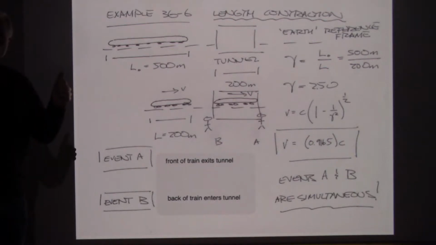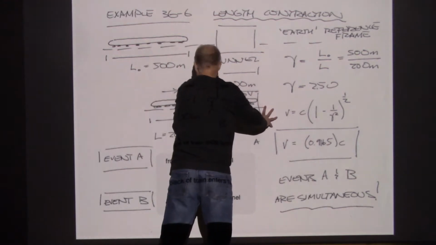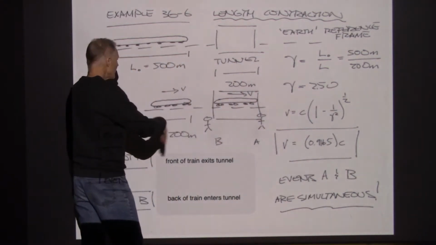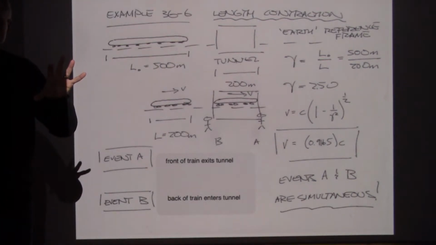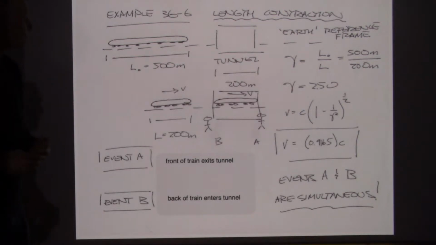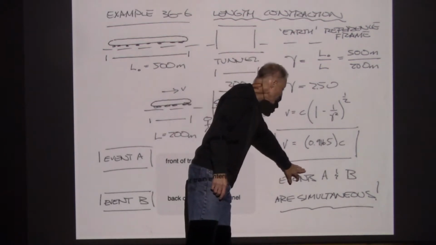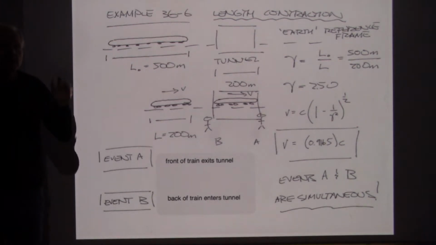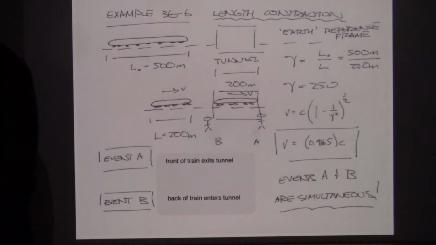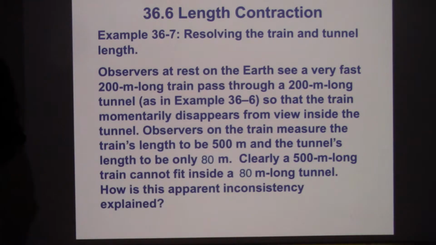And so the observers A and B are in the rest frame of the Earth. They're in the reference frame of the Earth. And so their timing devices are synchronized, and time's going to be passing at the same rate. And what they find is they measured the instant at which events A and B occur, and they verify, yep, simultaneous, front and back end of the train were both in the tunnel at that one instant.